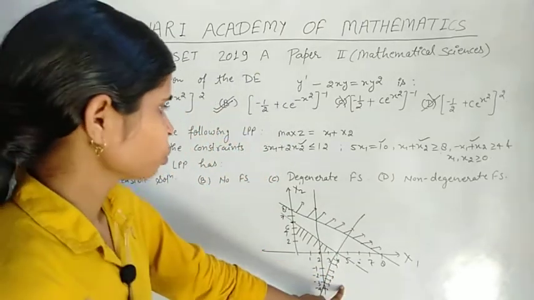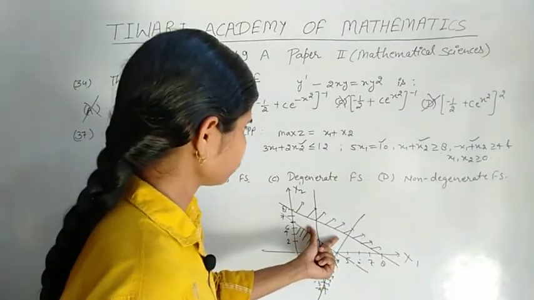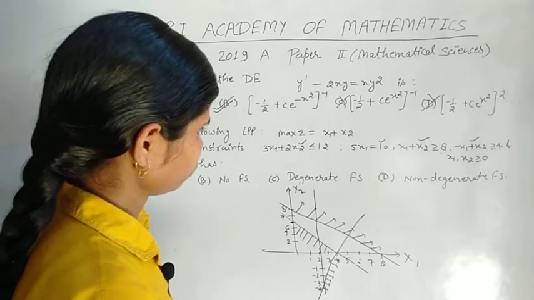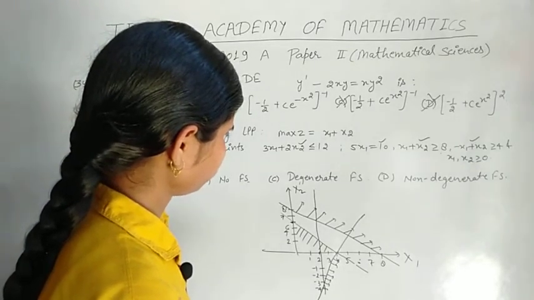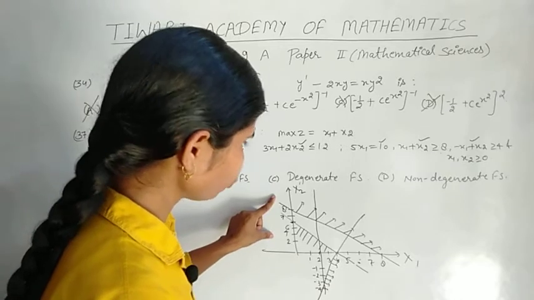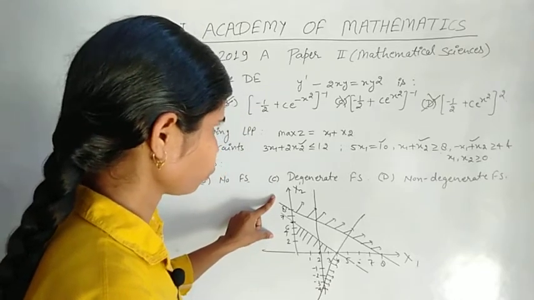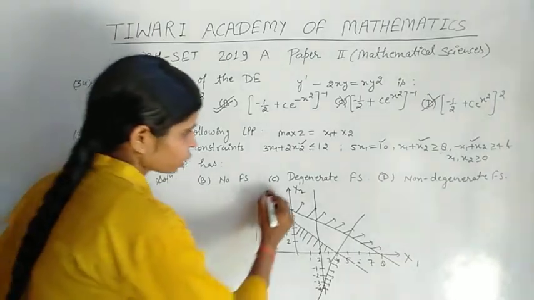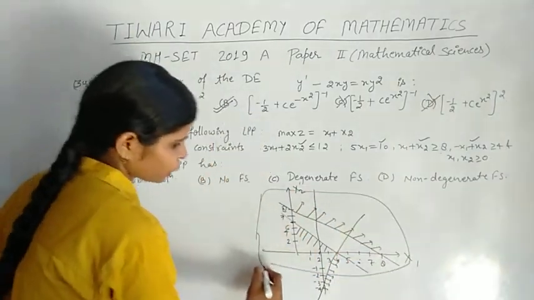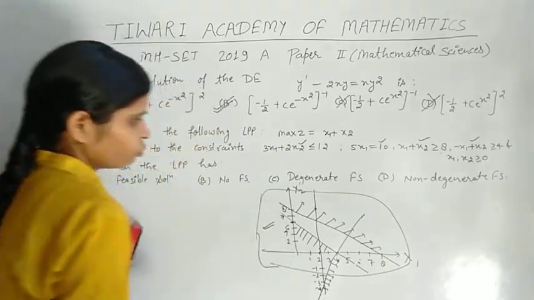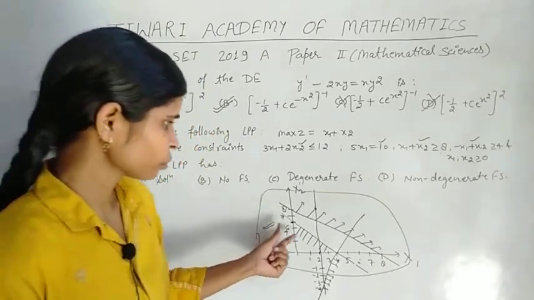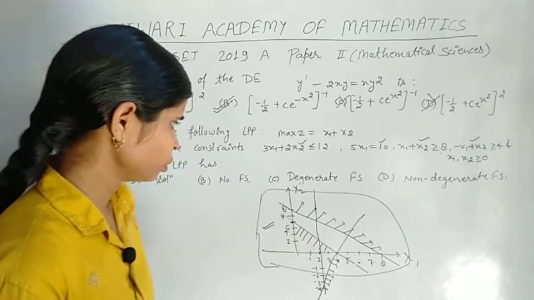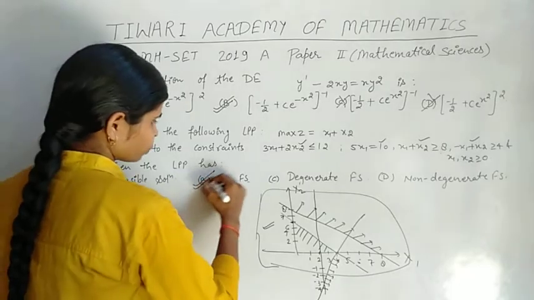So by this graph we know there is no common portion. So it has no feasible solution, because in this graph we do not find a common region.